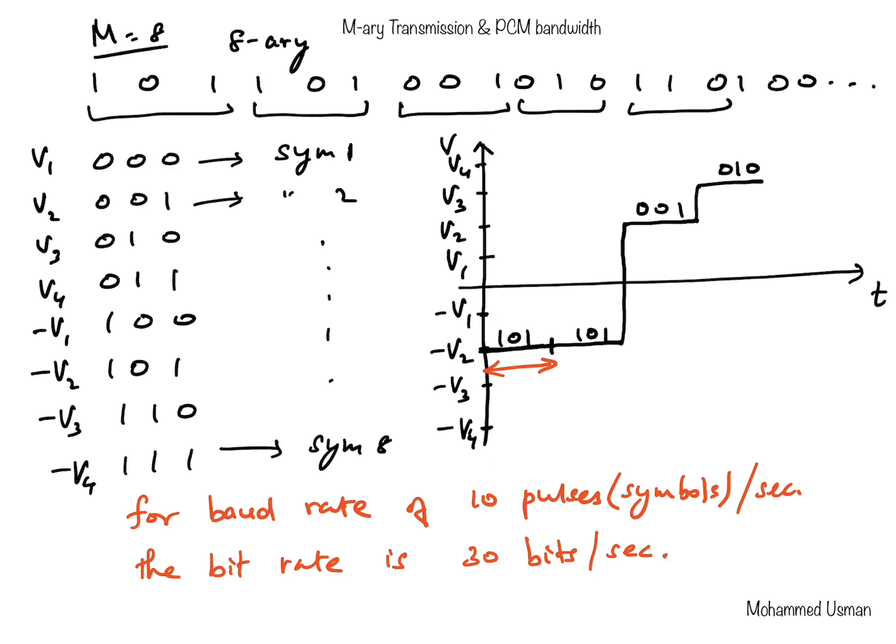Now what we will notice is, when we keep on increasing the number of voltage levels, we can't keep on increasing the peak to peak range, okay, because of the limitations of the electronic circuitry. The peak to peak range would be limited, so the maximum voltage that we can go on the positive side or on the negative side is going to have an upper bound.